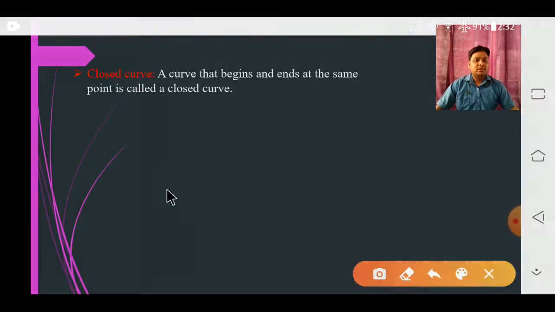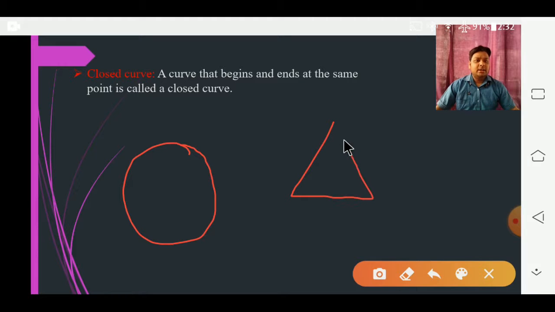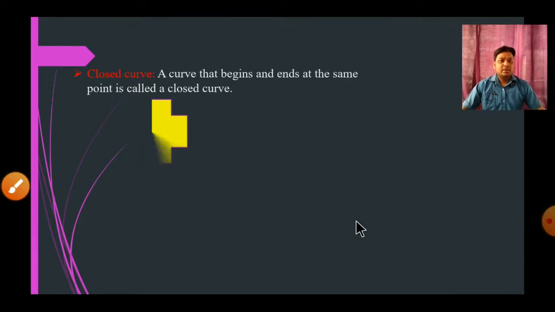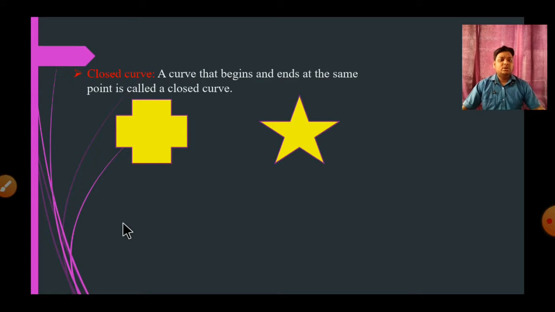It means if you draw a circle and it reaches the same point, or if you draw a triangle and again it reaches the same point, or if you draw a trapezium and again it reaches the same point, then all these figures are called closed curves. This star is also a closed curve.